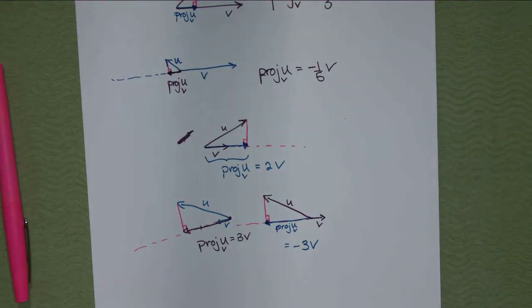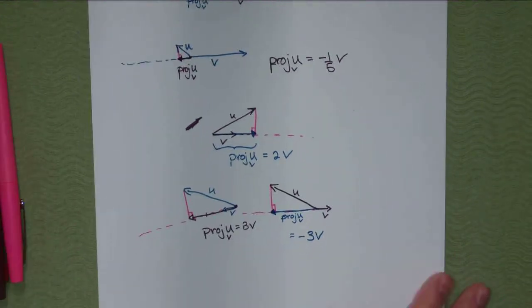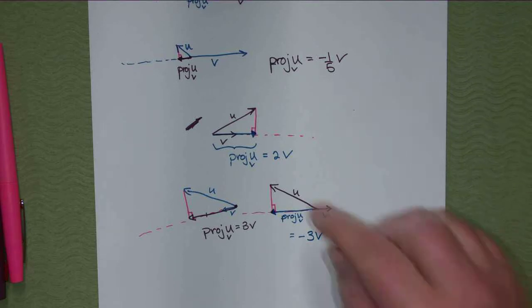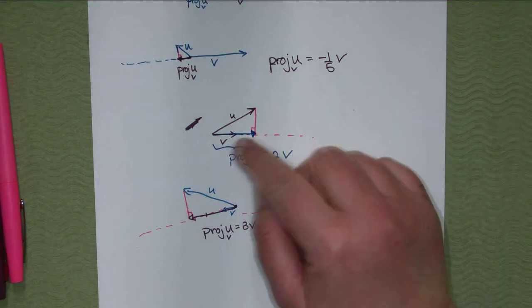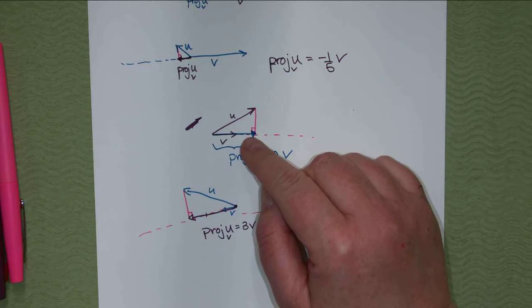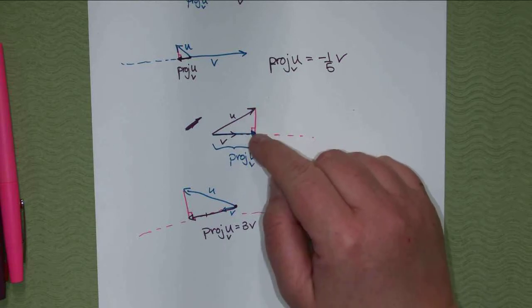Okay, so the types of questions we get with these is when you're trying to find a perpendicular vector. You can do the projection, and then subtract them and find that perpendicular vector.